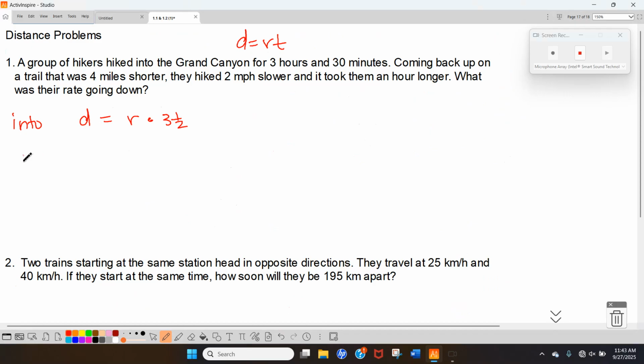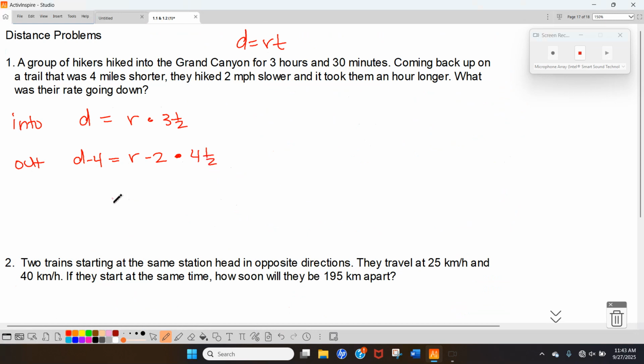All right, coming out of the Grand Canyon, what they tell us is that their distance was 4 miles shorter. Their rate was 2 miles an hour slower. And it took them an hour longer. So it took them 4.5 hours.